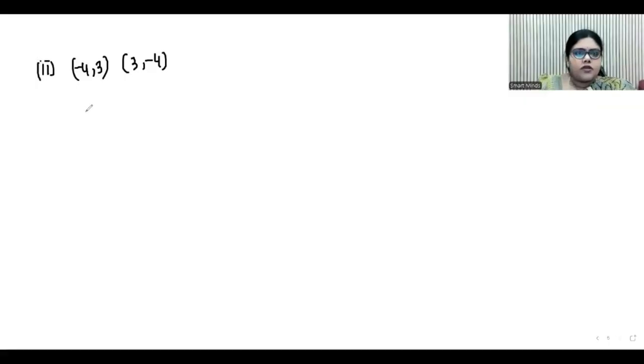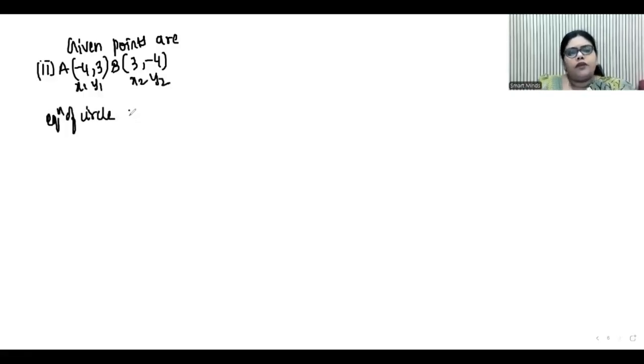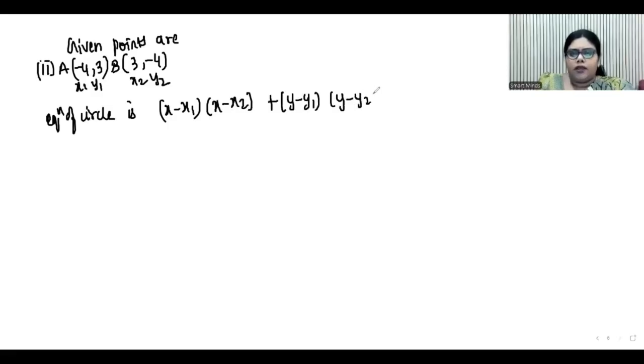Now take the next question, minus 4, 3, 3, minus 4. So these are the given points. You can write these as given points. This is A, this is B. Take this as x1, y1, this as x2, y2. Now what is the formula for equation of circle? When end points of diameter are given, it is x minus x1 into x minus x2 plus y minus y1 into y minus y2 is equal to 0.